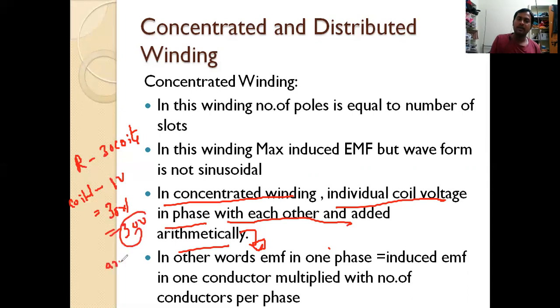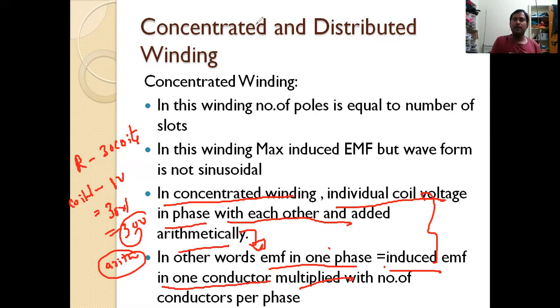This is the arithmetic sum. That is the meaning of these last two points. The induced EMF per phase is equal to the induced EMF in one conductor multiplied by the number of conductors per phase.